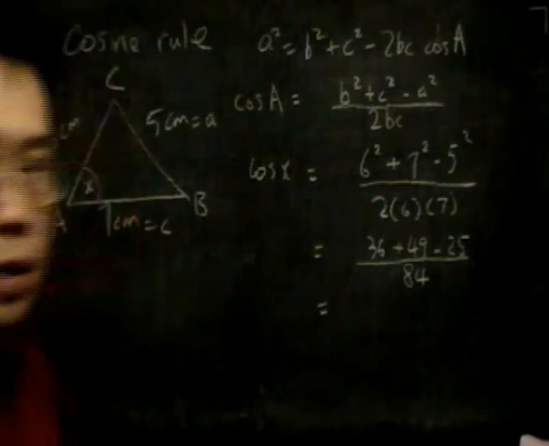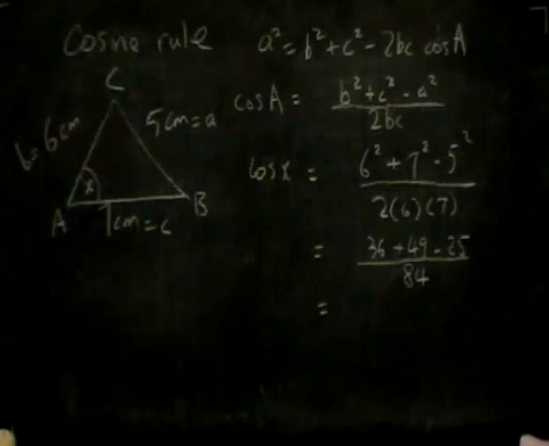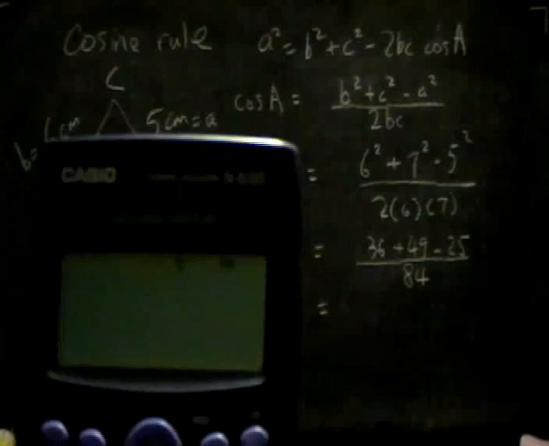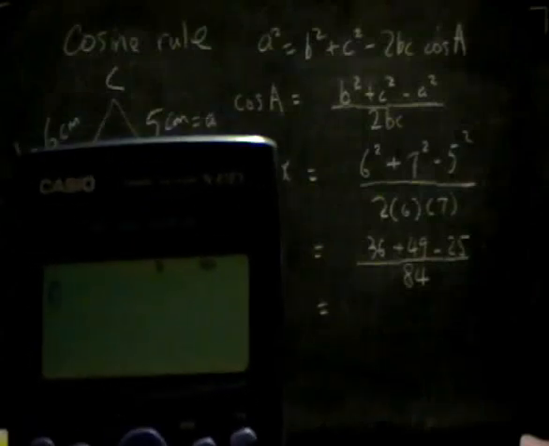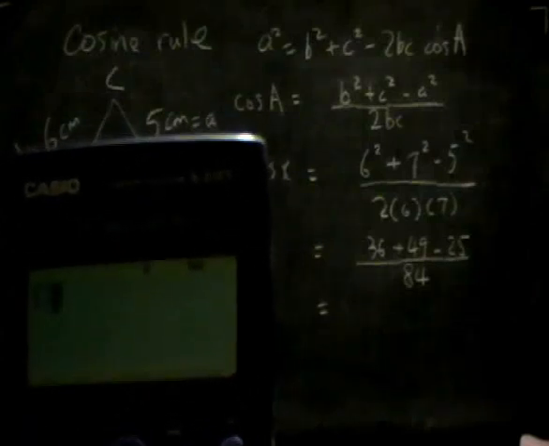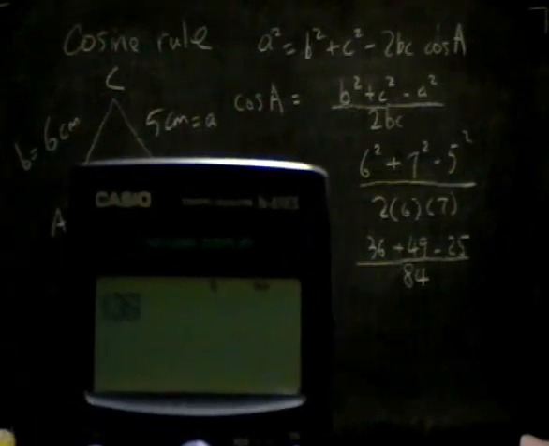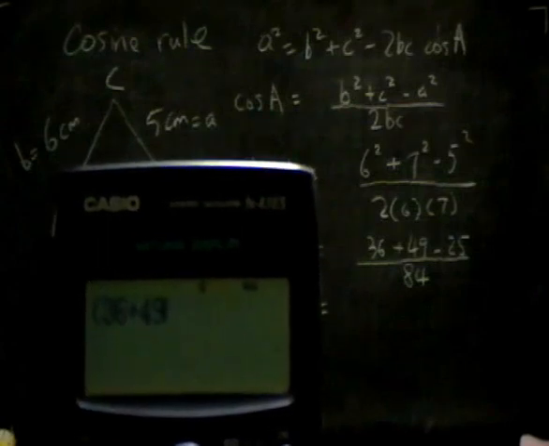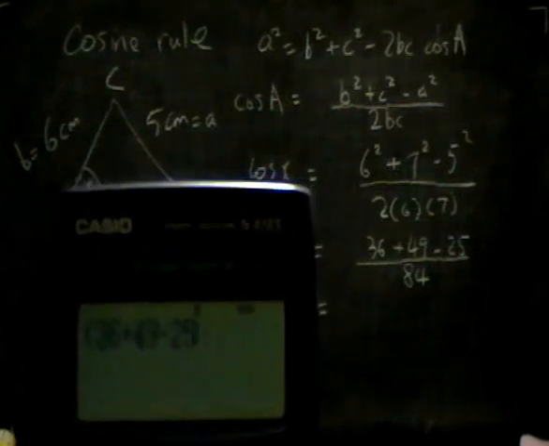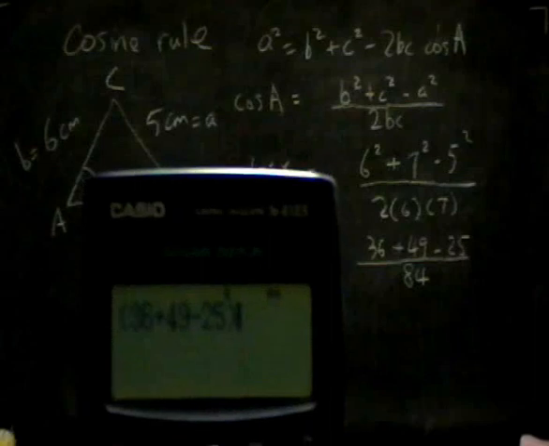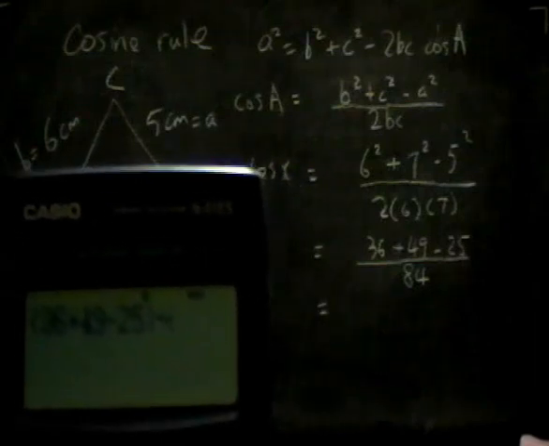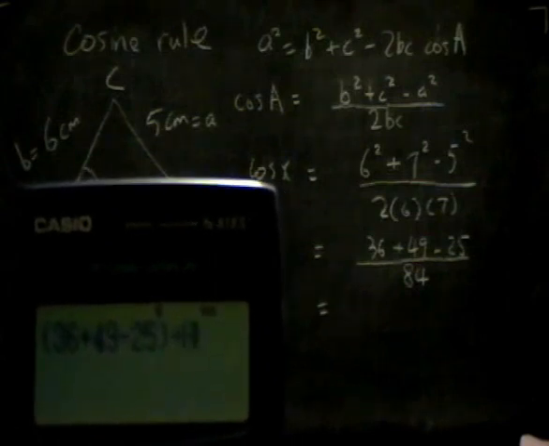Okay, right, so this is how I would do it. 36 plus 49 minus 25. Start a bracket. 36, okay, plus 49 minus 25, divided by 84.